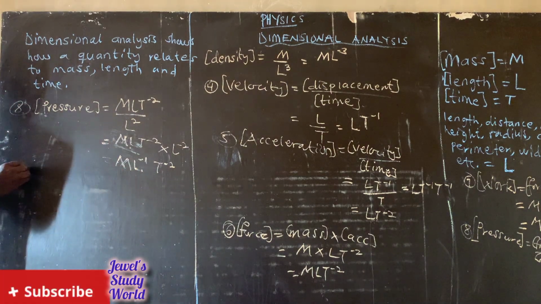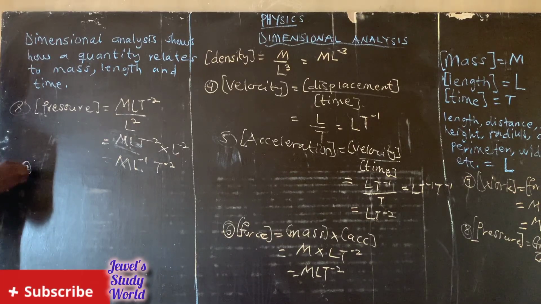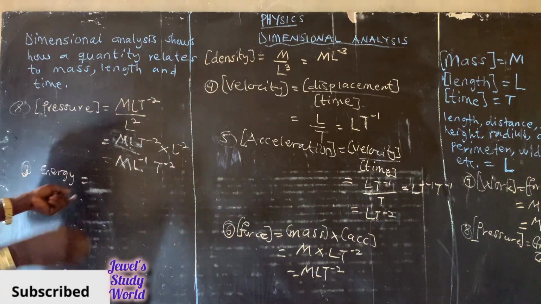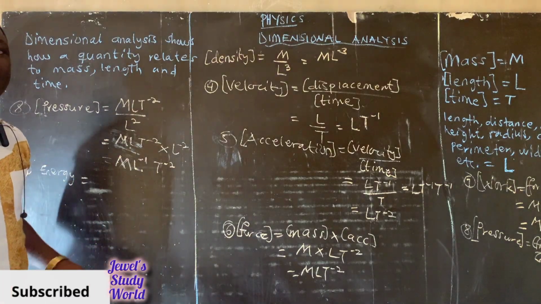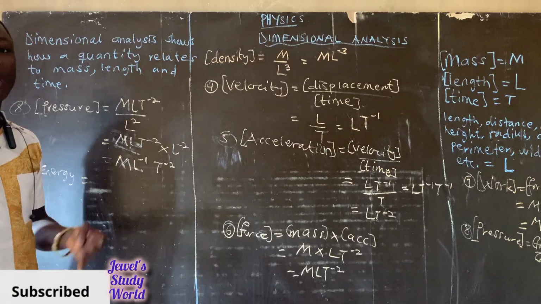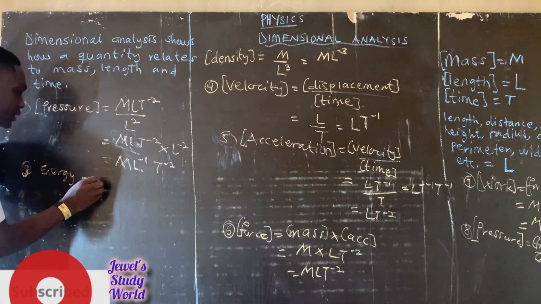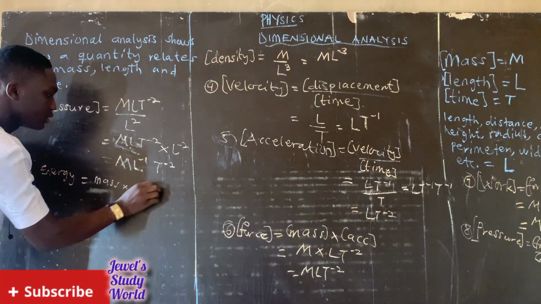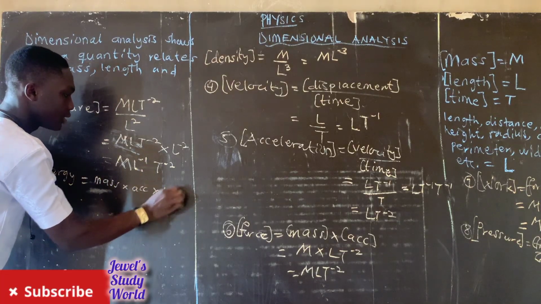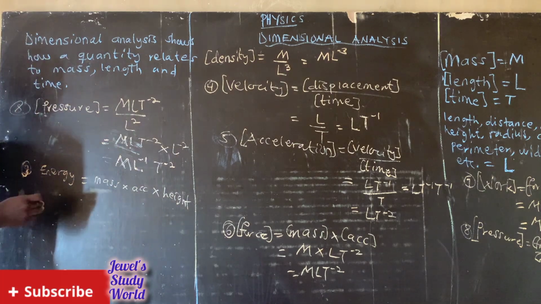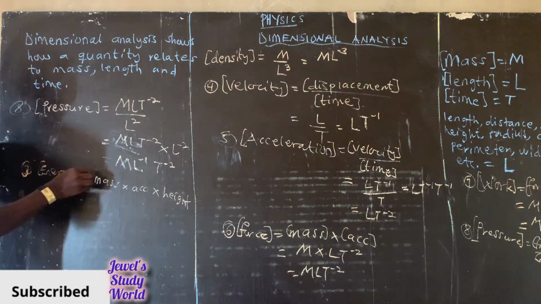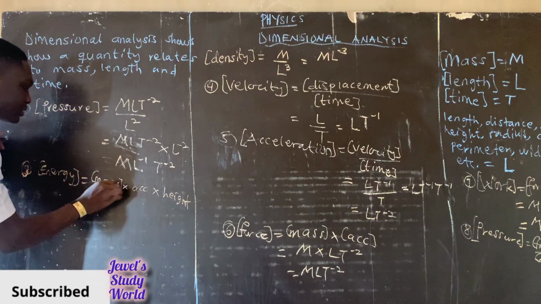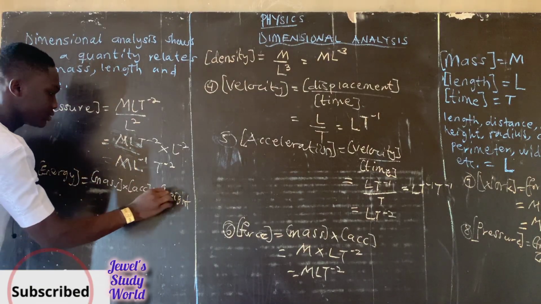So let's see energy. The dimension of energy. You can take any energy of your choice, let's say potential energy, so let's take mass times acceleration times height. So I have the dimension of energy equal to the dimension of mass times the dimension of acceleration times the dimension of height.